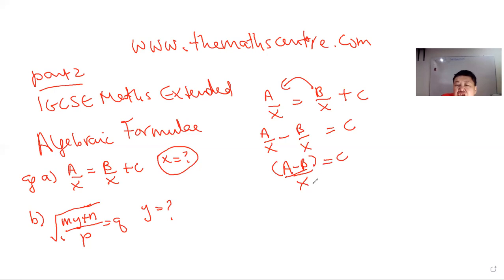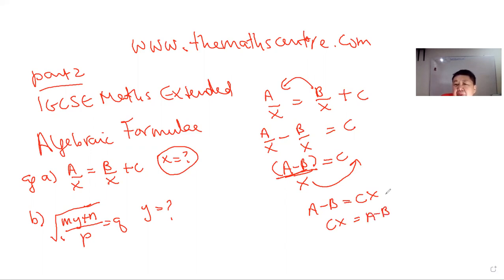I now want to shift X to the right-hand side. So now this is division. Now I'm shifting a partial term, goes up, so it becomes multiplied by X. So A minus B equals CX, which I can write also as CX equals A minus B. It's the same.